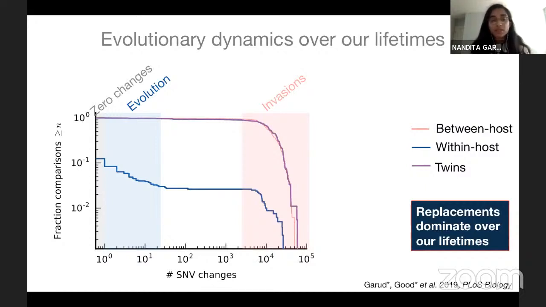So on short time scales, evolution seems to occur, but on long time scales, replacements seem to dominate. Why these replacements occur is somewhat of a mystery. Maybe it's occurring in bursts due to antibiotics. Maybe these replacements are occurring gradually over our lifetimes, but these are questions that are yet to be resolved.